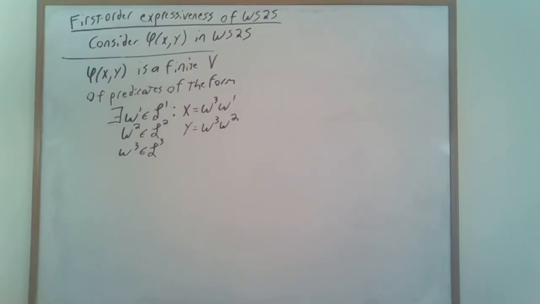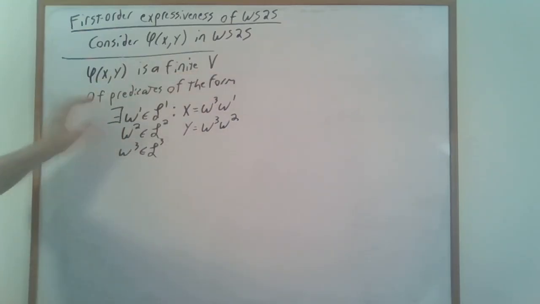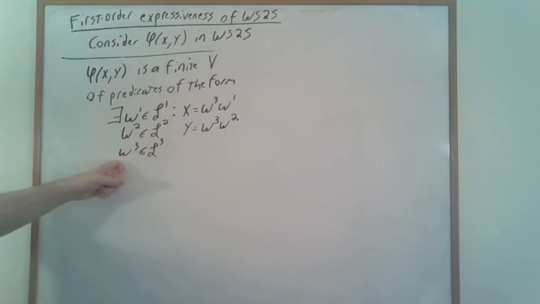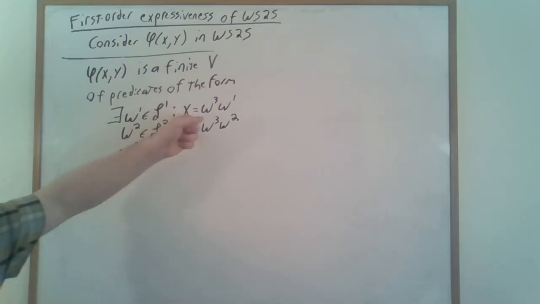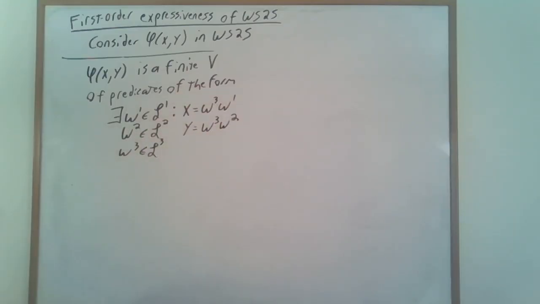When we simplify everything down, we'll be able to write phi of xy as some finite disjunction, finite OR, of predicates of the form: there exists a W1 in some regular language L1 through W3 in some regular language L3, such that x is W3, W1, and y is W3, W2.